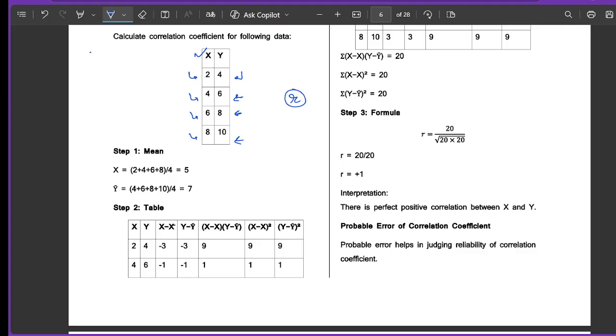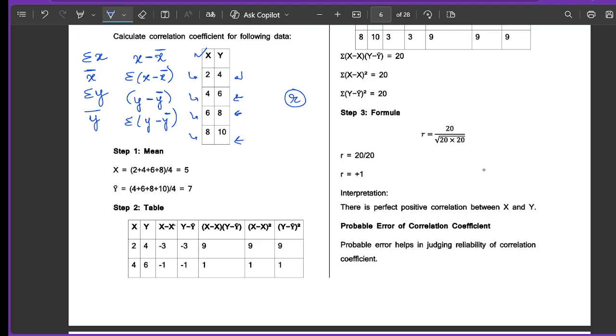First of all we need the summation of x, then the mean of x, then summation of y, and we also need the mean of y. Then we will calculate x minus x bar individually, and then the summation of x minus x bar. Similarly we'll do y minus y bar, and then also the summation of y minus y bar.